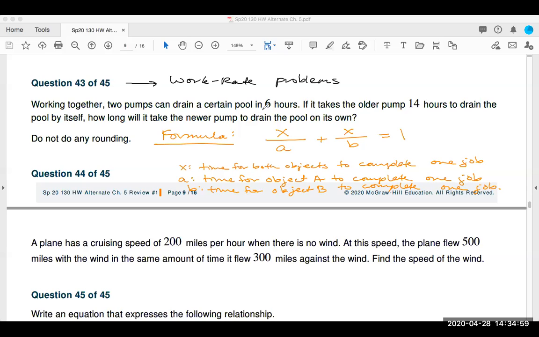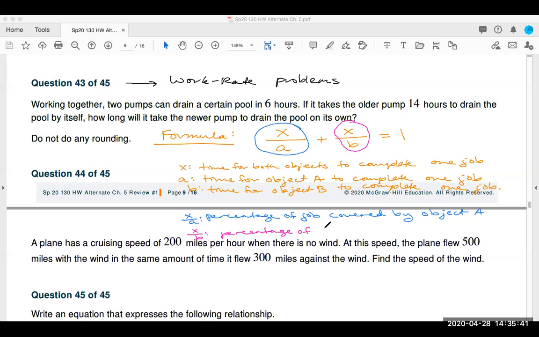So it's kind of a strange formula, I know. It's weird because essentially we're saying that this is the percentage of a job covered by object A. And this is the percentage of the job covered by object B. Okay.